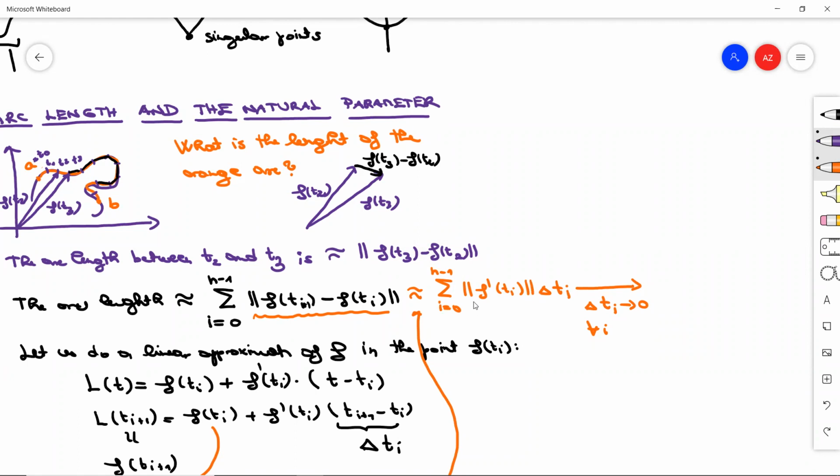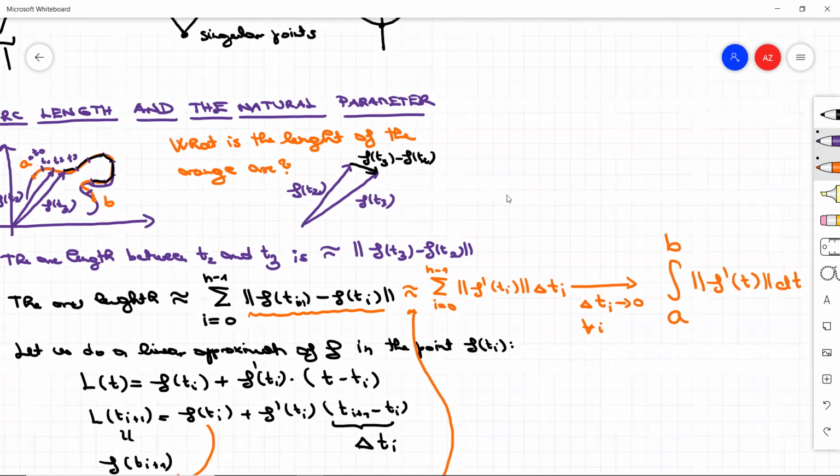This is the definition of a limiting process we studied in analysis. Yeah, we get exactly the Riemann integral. That's true. This is just the Riemann sum for the integral of the function norm of f derivative of t dt, when t goes from the left endpoint A to the right endpoint B.